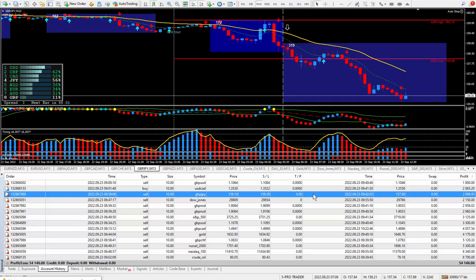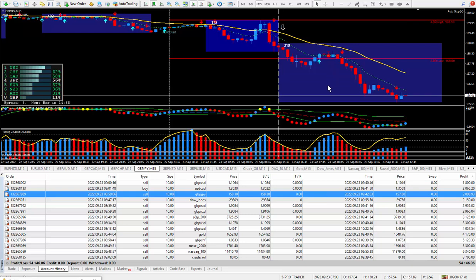So everything looks like it's moving on its way down. Let's see where I did get in. And where is it? Here it is. You must wait for the pullback. That's the magic word. And get in anywhere as close to the goal line as possible. Could have made a lot more. But again, I close out the trade when I'm basically happy.